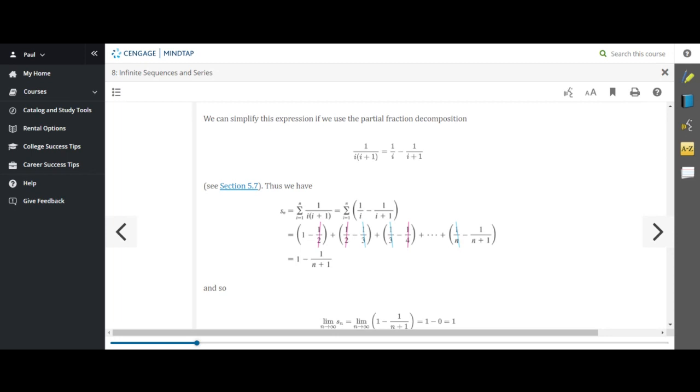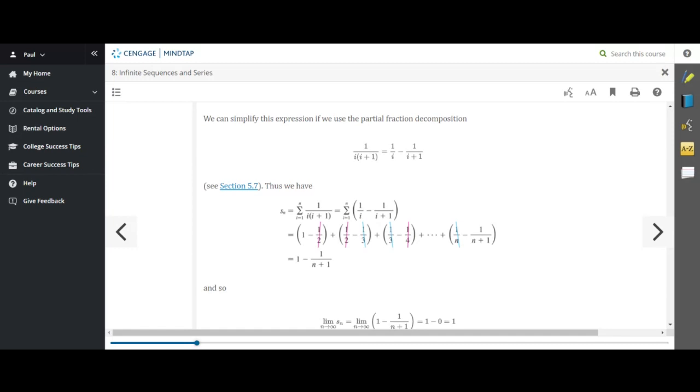Okay, good, Sophie. Excellent. And in terms of the telescoping series, they put enough terms in there so that you can hopefully determine the pattern.